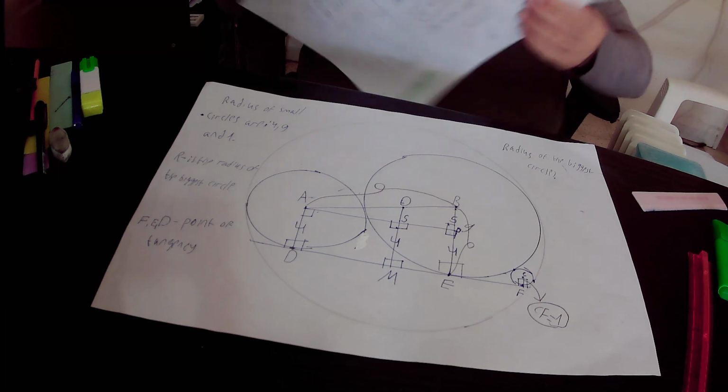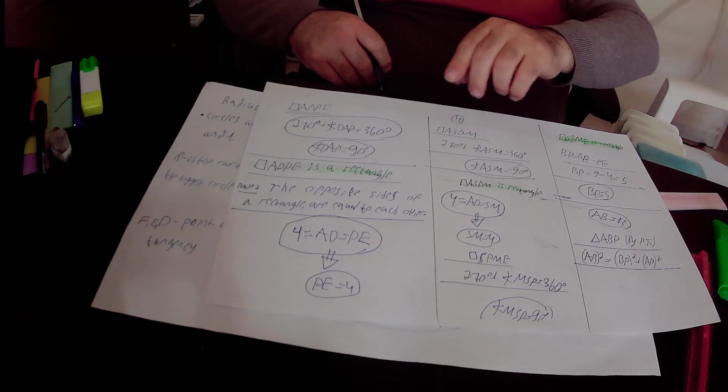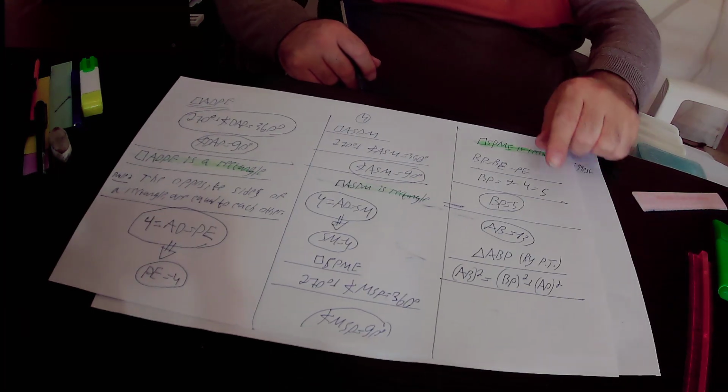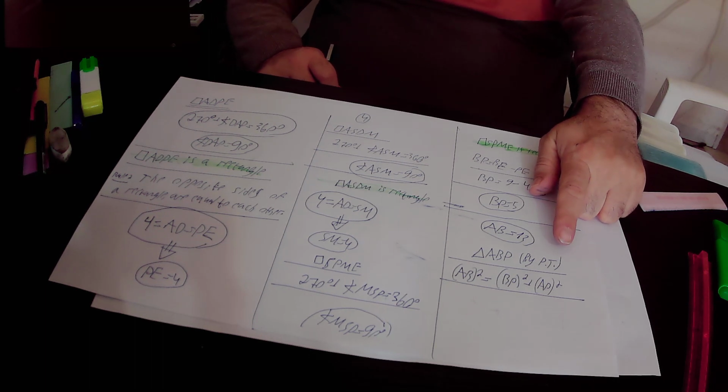I'll repeat again, in the right triangle ABP, according to the Pythagoras theorem, AB squared equals BP squared plus AP squared.